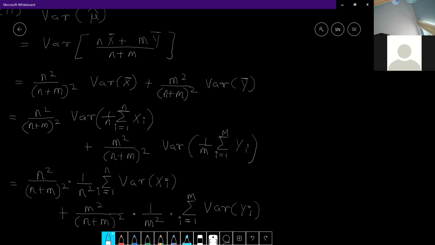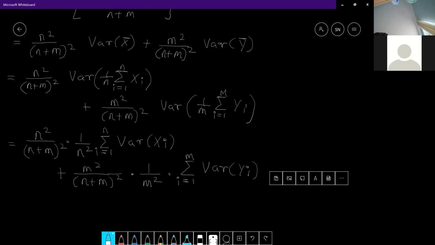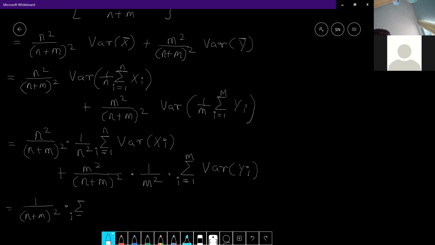Now we know that the variance of the xi is equal to sigma squared, and so is the variance of yi. All right, so what you get is this.